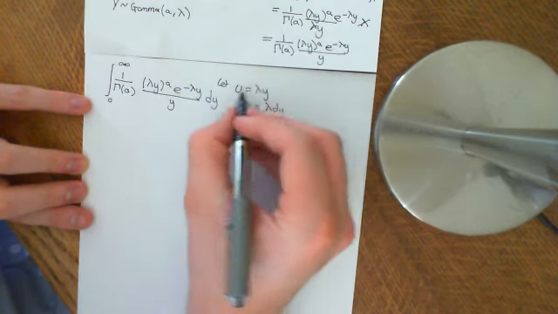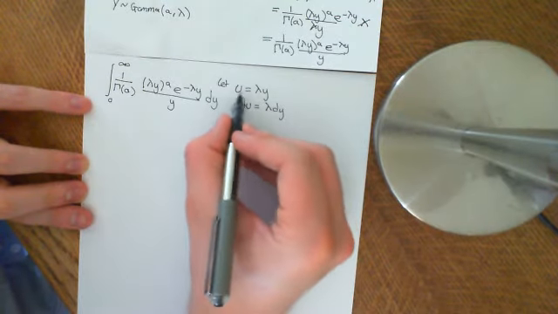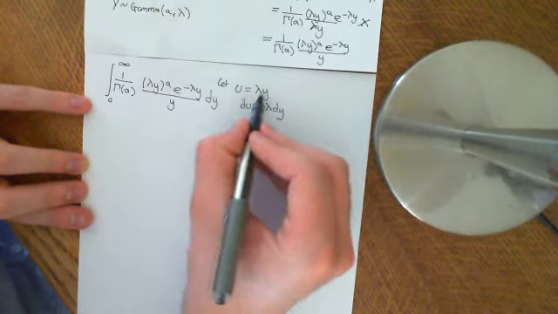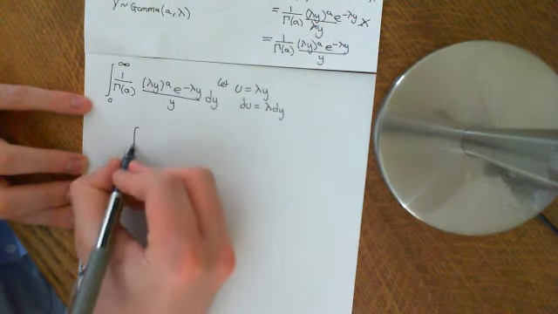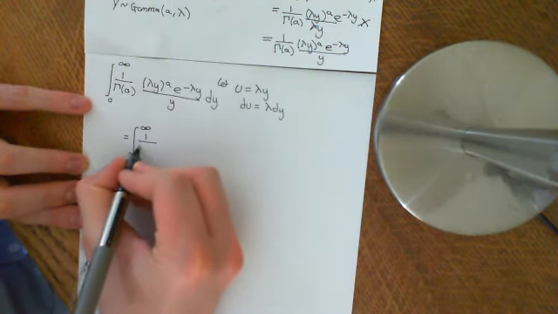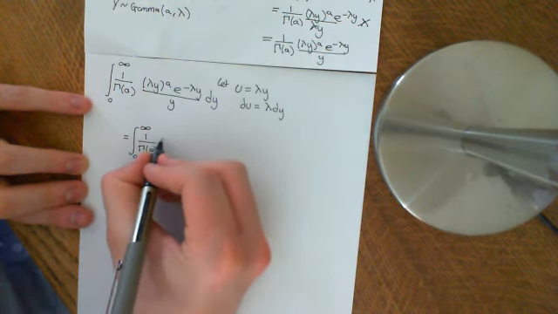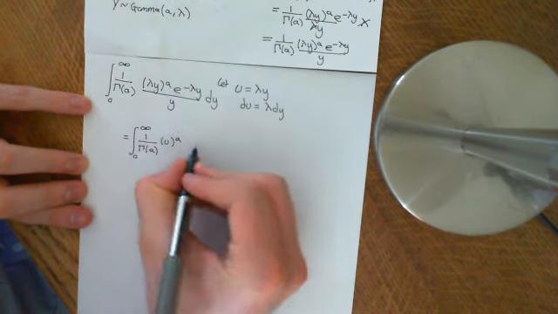Then if we replace the limits of integration, if y is equal to 0, then u is equal to 0. If y is equal to infinity, then u is also equal to infinity. So the limits of integration stay exactly the same. The constant stays the same, 1 over gamma of a. We replace lambda of y with u, and we get u to the power of a.